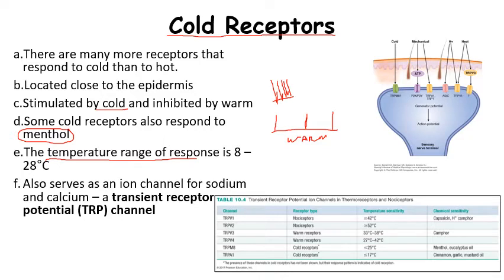We'll see there are some overlaps between the warm and cold and where they get stimulated. But one thing I want to point out is that the receptors for these cold, warm, and nociceptors throughout are transient receptor potential channels, TRP channels. You don't need to know all of these, but you do need to know transient receptor potential, because these channels, when stimulated, open, and they are ion channels for sodium and calcium.